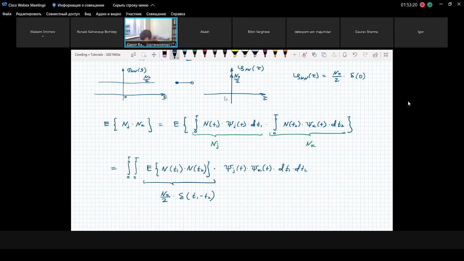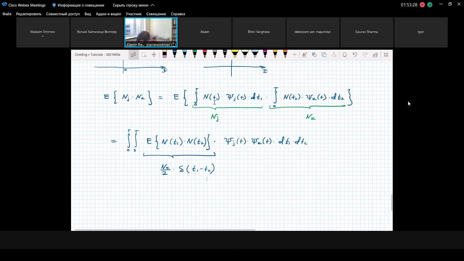So as a result, we can say that it is N0 over 2 if t1 equals t2, and 0 if t1 does not equal t2. And then of course it doesn't make sense to consider two different time instances because it will give us just 0.